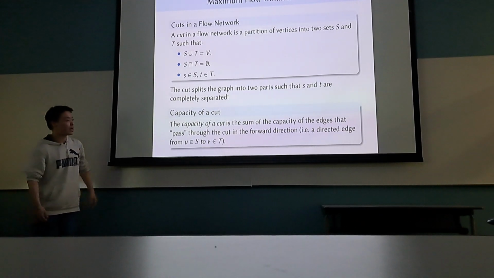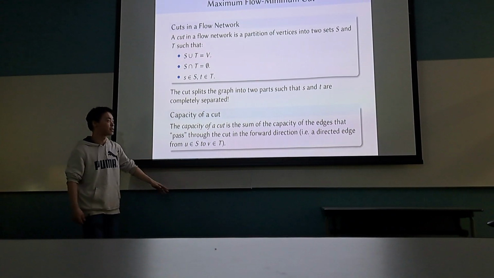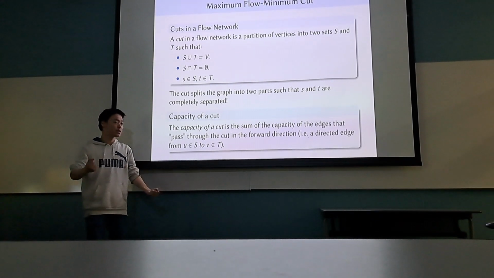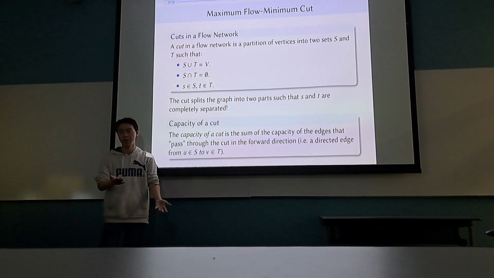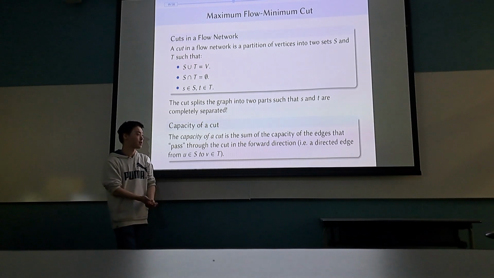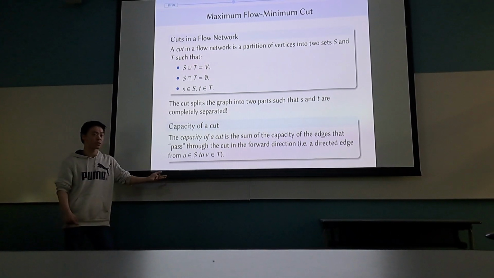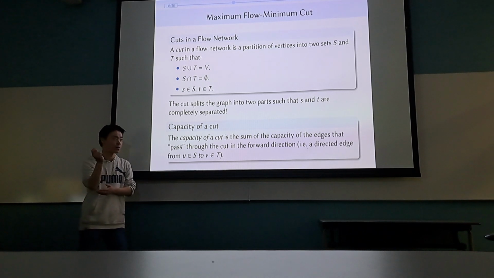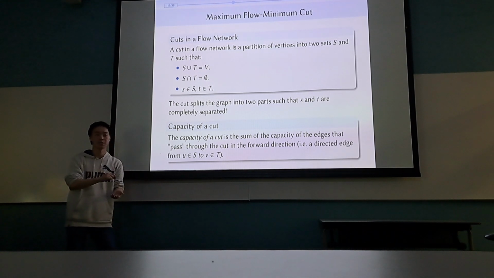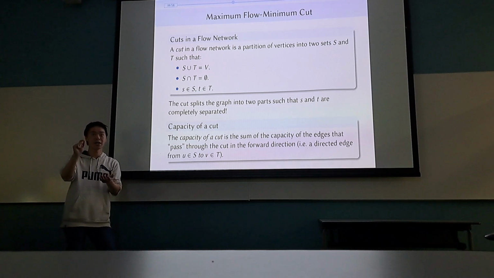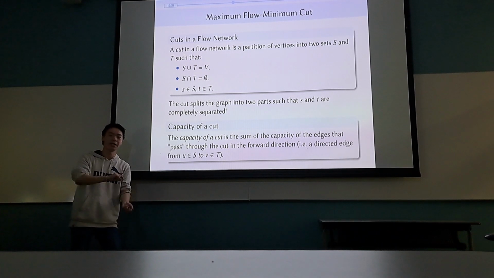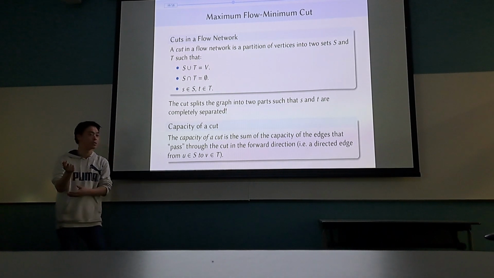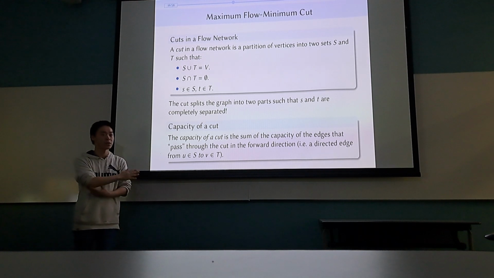We define the capacity of the cut to be the sum of the capacities of the edges that pass through the cut. We only do this in the forward direction, so we're not going to count any of the edges that face backwards, where the starting vertex is in T and the ending vertex is in S. We only count edges along the forward direction.